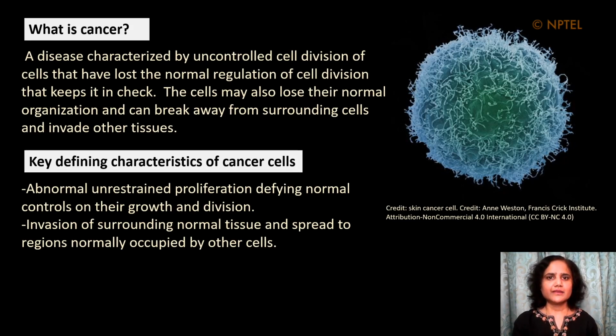There are two main key defining characteristics of cancer cells. That is abnormal or unrestrained proliferation, which is defying the normal controls on their growth and division, and their ability to invade surrounding normal tissue and to spread to regions which are normally occupied by other cells.